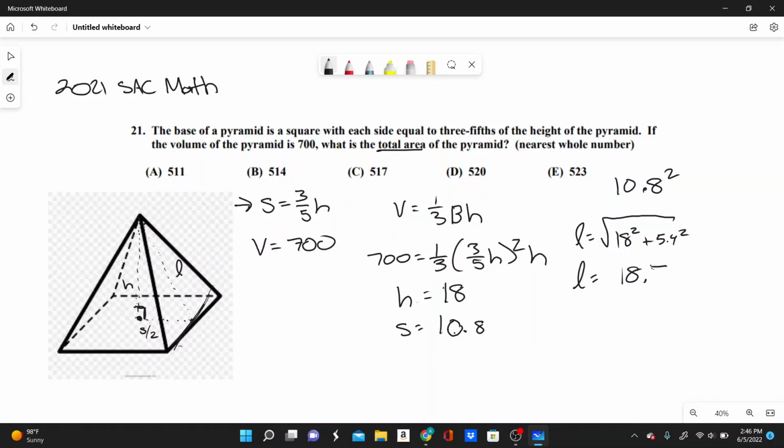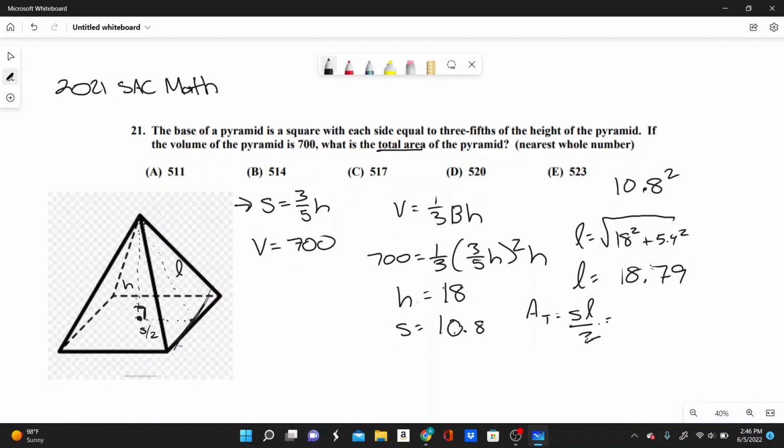So then from this, you can find the area of one of these triangles. You just take this length that we just found, the slant height, you can multiply it by the base and divide by 2, and that will give you the area of one of the triangles. So the area of the triangle would be the side times this height, the height of the triangle, not the height of the pyramid, and then divide it by 2.